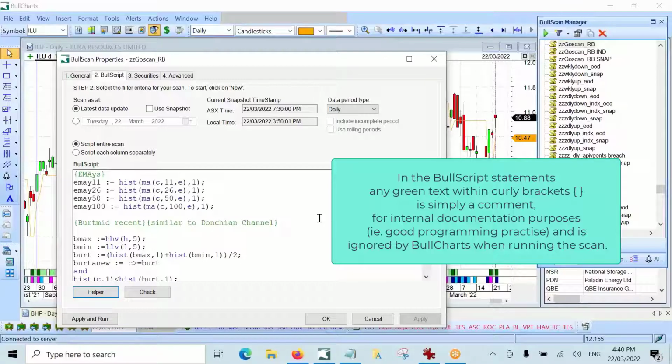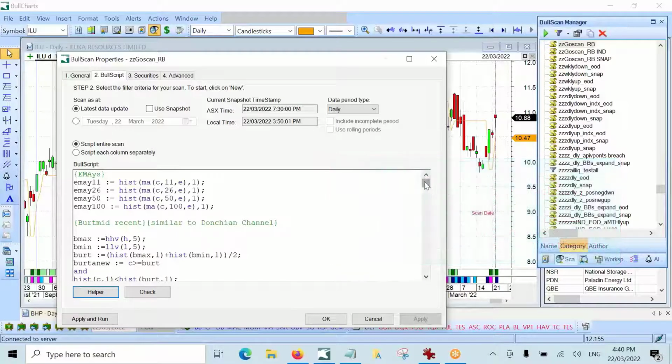So if a newcomer to script is looking at this stuff and trying to work out what's what, the green stuff that seems to be in English is actually the English description, just a comment about what's in the next few lines of code. And the scan won't read that. It won't read anything that's in the curly brackets. It's just for your personal perusal. When BullCharts is operating itself, it just ignores that. Yeah, that's right. Thanks, Phil. Any questions, anyone?